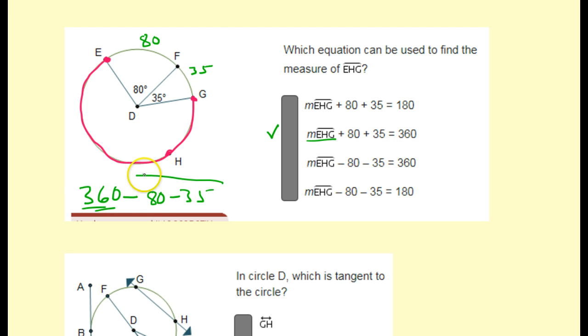What we would actually do next is subtract 80 from both sides, and subtract 35 from both sides. And then we'd have the final answer. But we can start by saying, oh, they all add up to 360. So that's why the second one is going to be the answer.